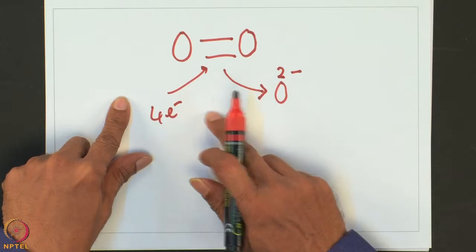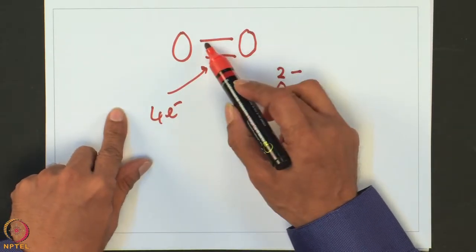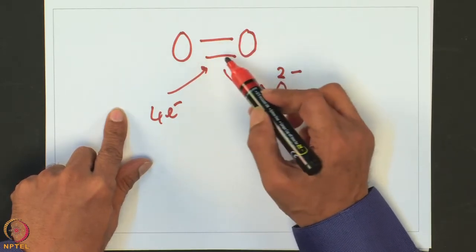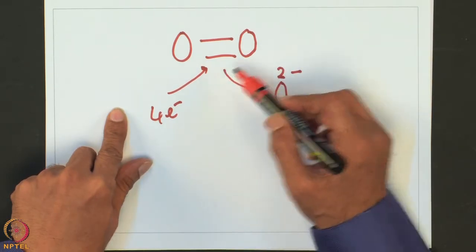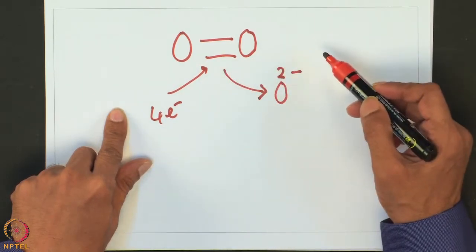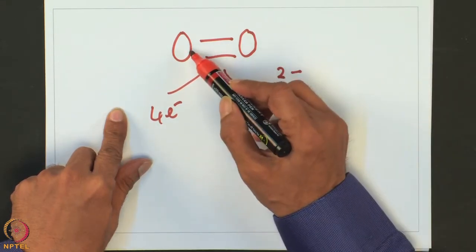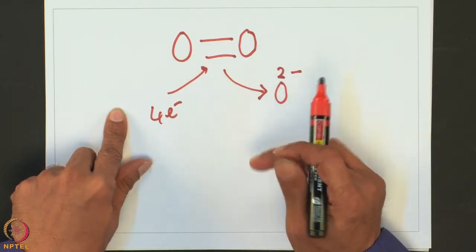If you do not have this, you will not get this. The first 2 electrons will break one bond, and the next 2 electrons will break the other bond, totally 4. That is because the number of bonding electrons minus the number of anti-bonding electrons should become 0, in order to take the bonding out.